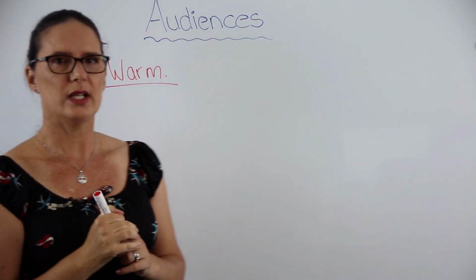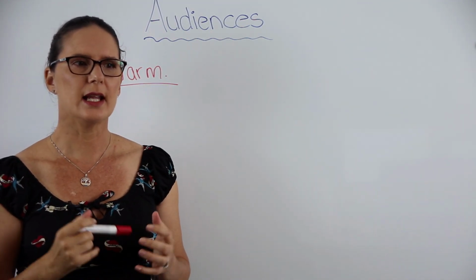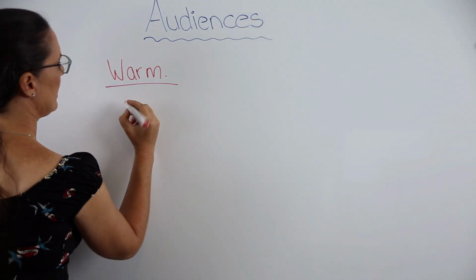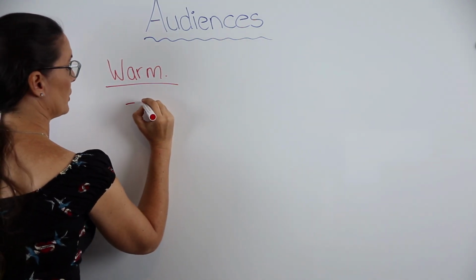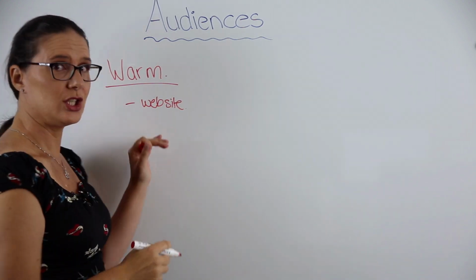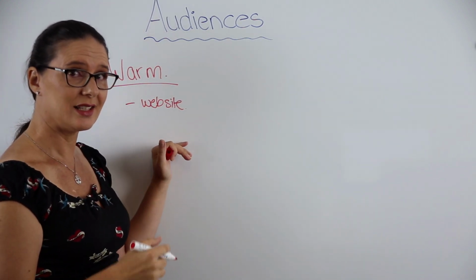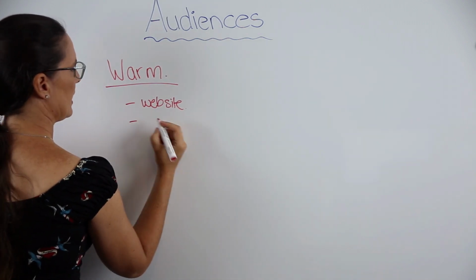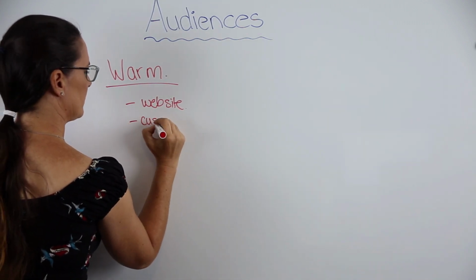A warm audience is anyone who has had any interaction with the business already. So they can have gone onto our website, and provided you have a pixel that's actually tracking that, then we can track those people and they're part of our warm audience. We can have a customer list.